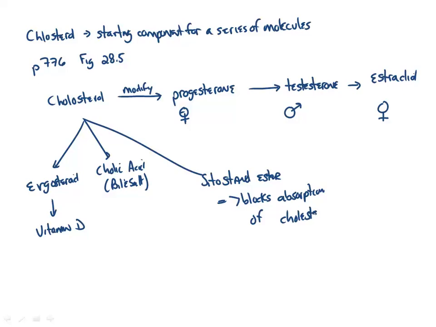So it's kind of funny, they make a molecule that actually blocks the absorption of its precursor. So if you make a bunch of cytostanol ester, then you'll actually have less cholesterol absorbed in your blood or in the intestines. And so there's all sorts of things that the steroids or that cholesterol core gets turned into.